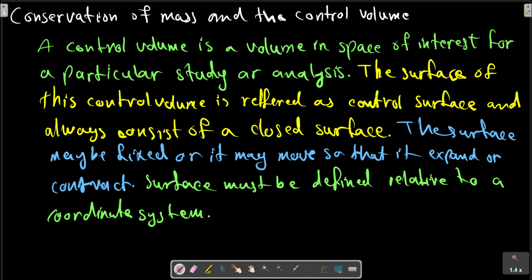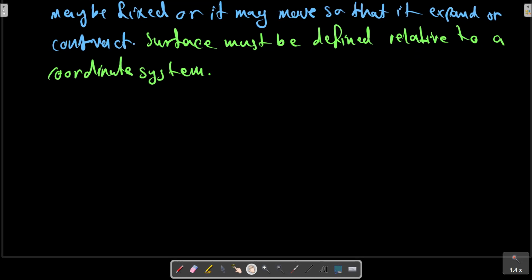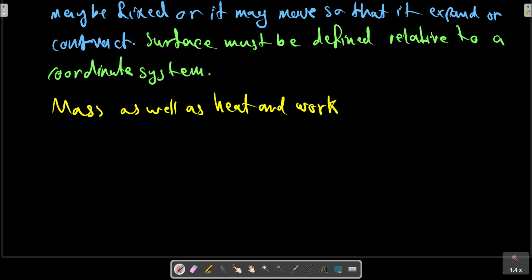Mass as well as heat and work can cross the control surface.